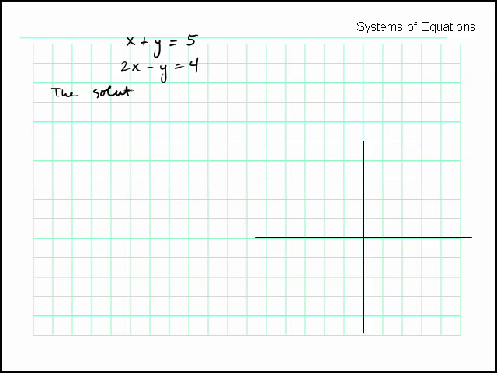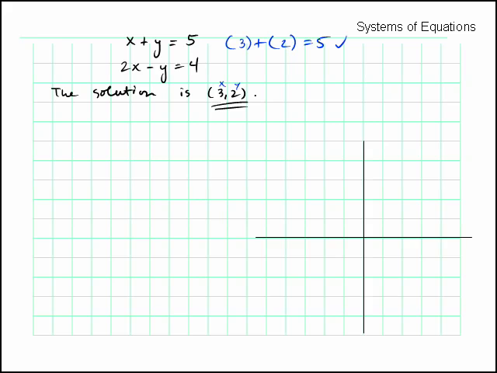I happen to know that the solution is the ordered pair (3, 2). And here's how you would verify that (3, 2) is actually the solution of this system. If I plug it into the first equation, x plus y equals 5, that's my x, 3, and my y is 2.